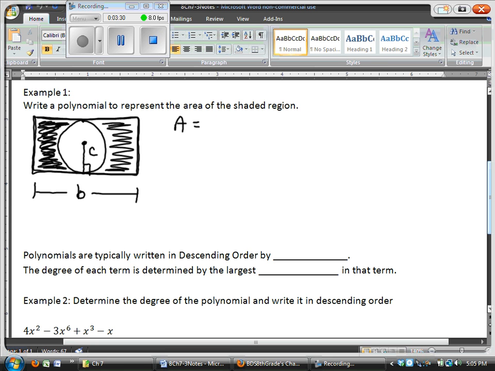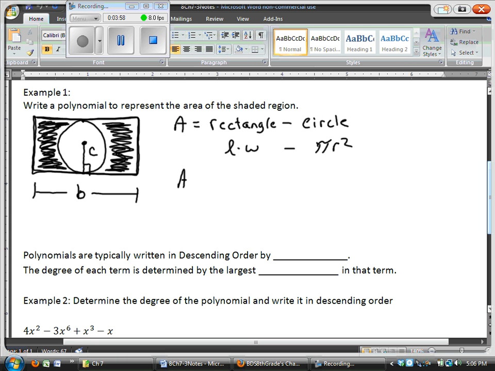So if I take the area of the whole rectangle and subtract the area of the circle, that's going to give me what's left over here. Okay? So the area of a rectangle, I know that is length times width. I know the area of a circle is pi r squared.